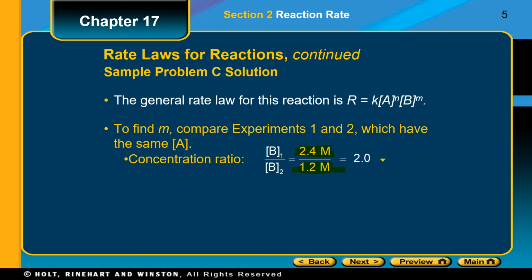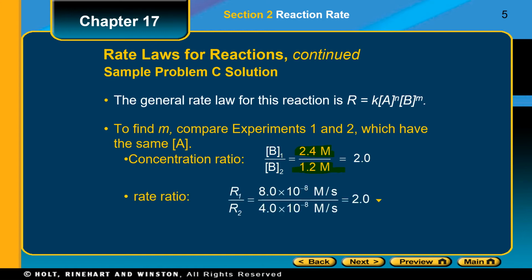Now, if you remember in the previous one, the next thing that we did is we looked at the rates. Now, how do we put them in the ratio? Well, over here we had 1 on the top. We have to put the rate of 1 on the top. We can't switch it to 2 because that would mess us up. And then we're going to put the rate of 2 on the bottom, because up here we had the concentration of 2 on the bottom.